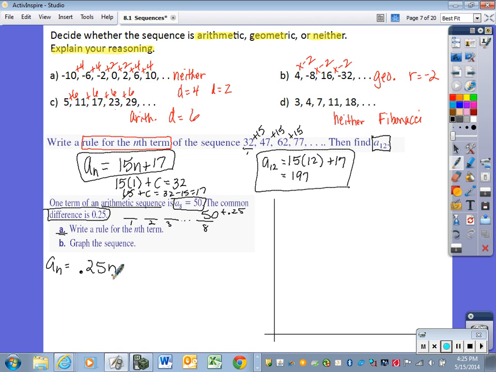Then you put a 1 in here. No, I don't have the first one. You put a 2 in. No, I don't have the second one. I have the 8th one, so I need to put an 8 in. Plus what will give me the term 50. A fourth of 8, it's 2, plus what gives me 50? 48.